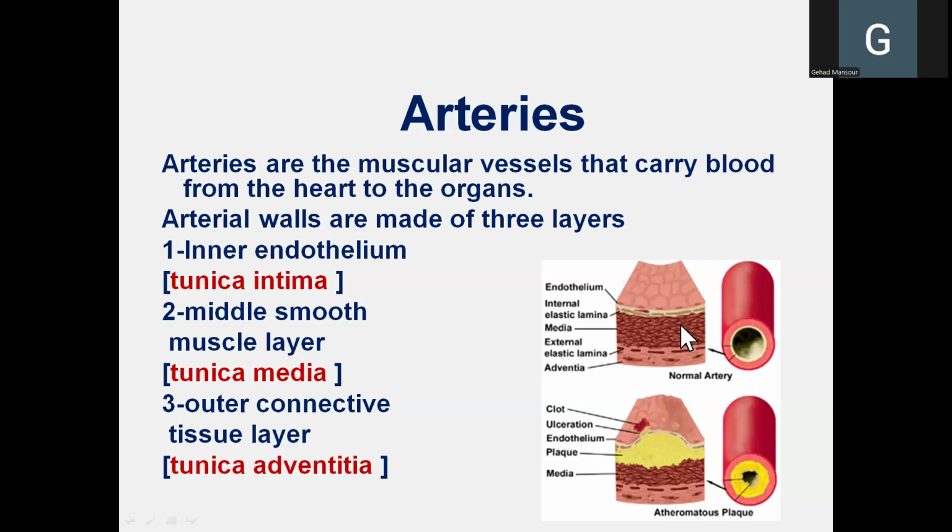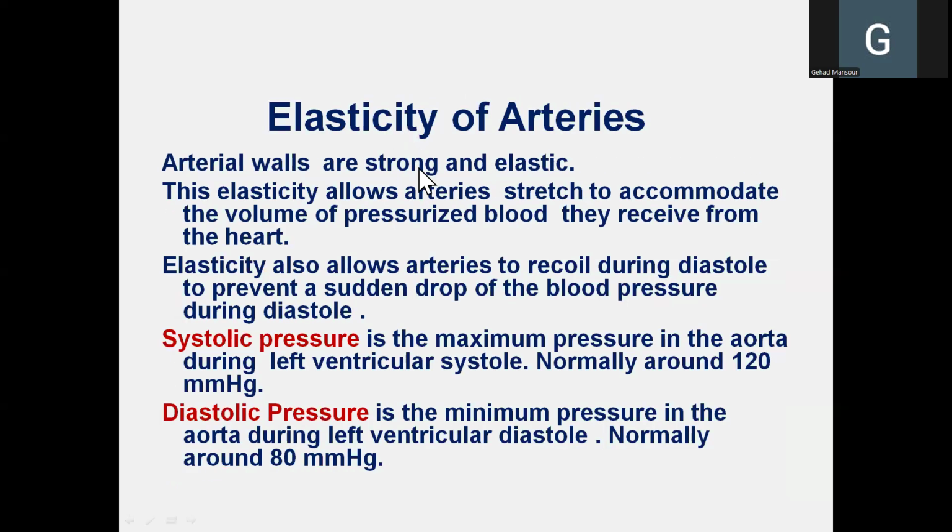So the wall of the vein is much thinner than the wall of the artery, and the wall of the artery is stronger than the wall of the vein. When we say strong, we mean that it is stronger because of a more developed, thicker muscular layer.